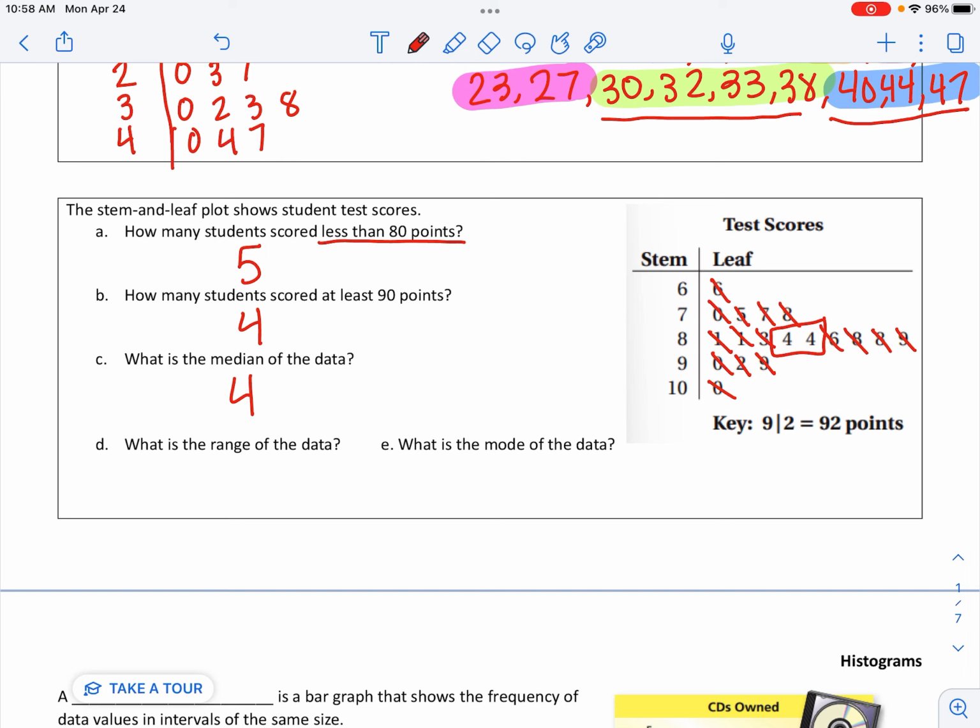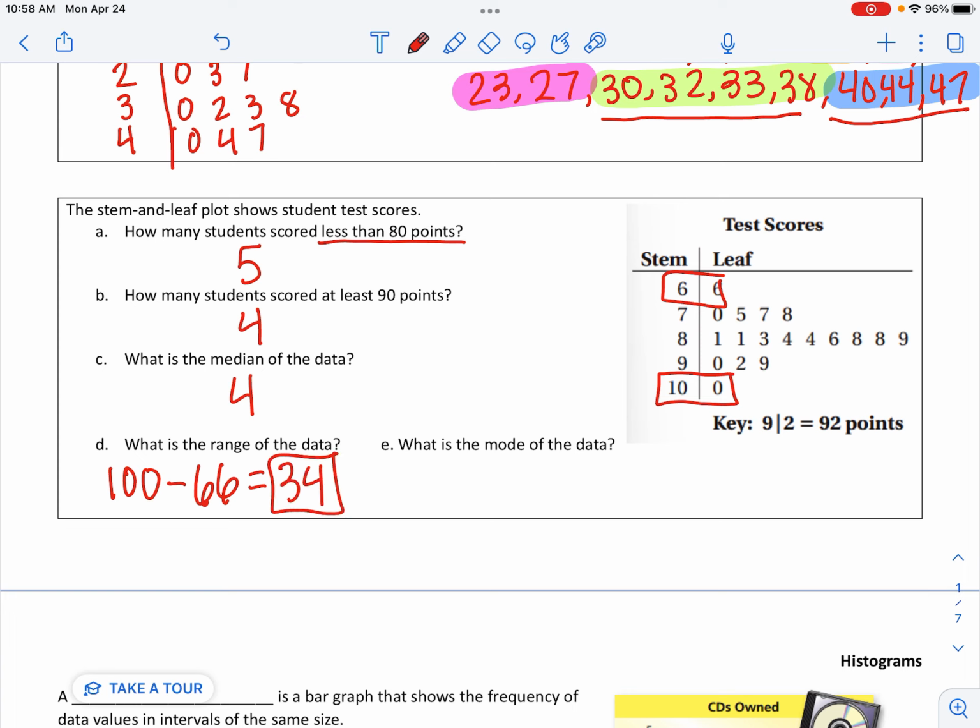Next, it's asking the range of the data, which is the biggest minus the smallest. So find your biggest number and your smallest number. So my biggest, remember that's not 0, that is 100, and my smallest is 66. So 100 minus 66 equals 34. So my answer is 34.